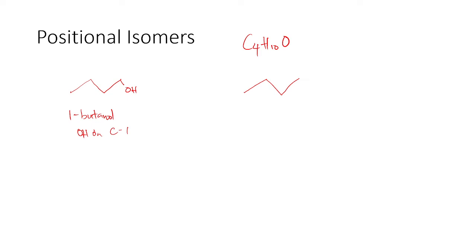Then we can position the OH here, wherein we will have a hydroxide on our C2. Why 2? Because we have 1, and we have 2. So we have two alcohols: 1-butanol and also 2-butanol.